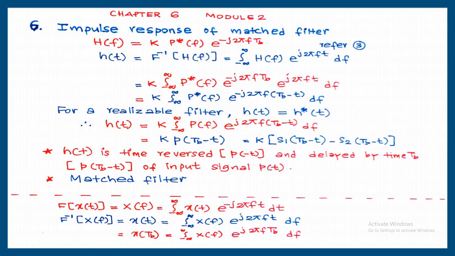So impulse response h of t is equal to Fourier inverse of H of f, that is equal to integral from minus infinity to plus infinity H of f e raised to j 2 pi f t df.